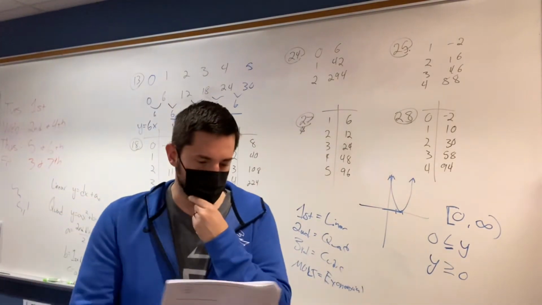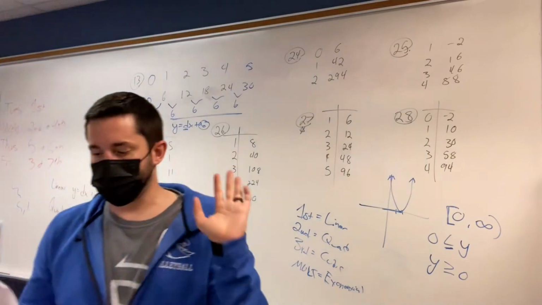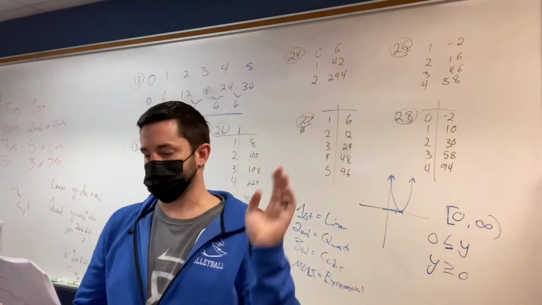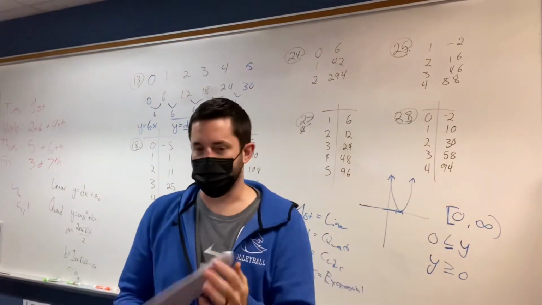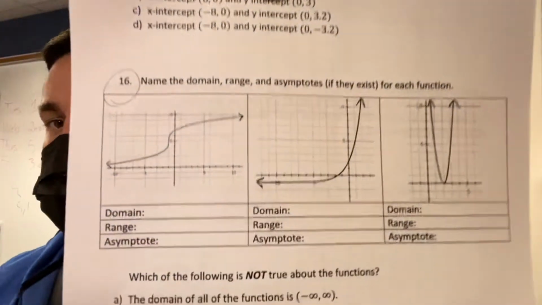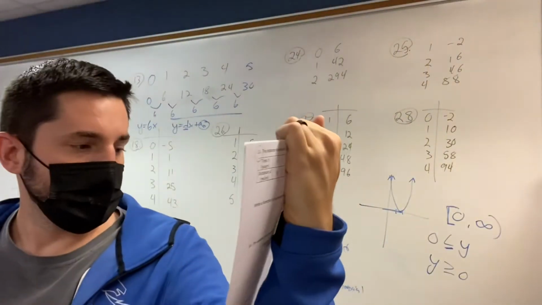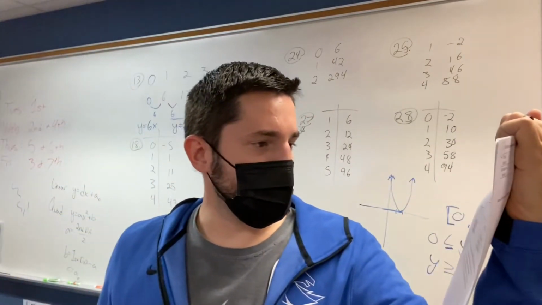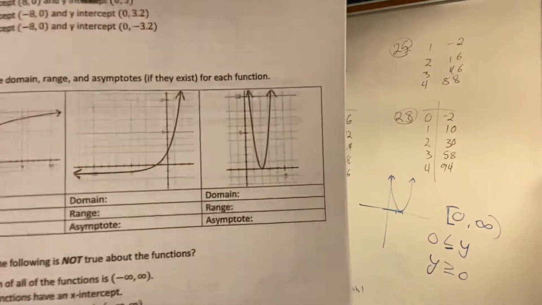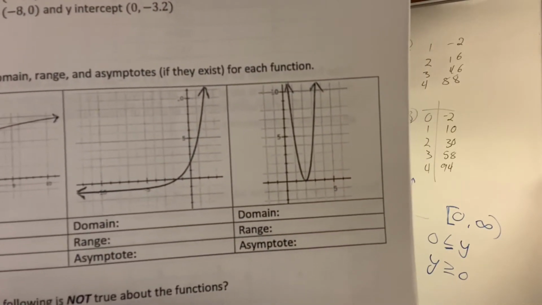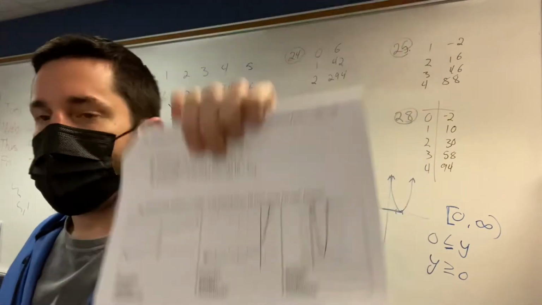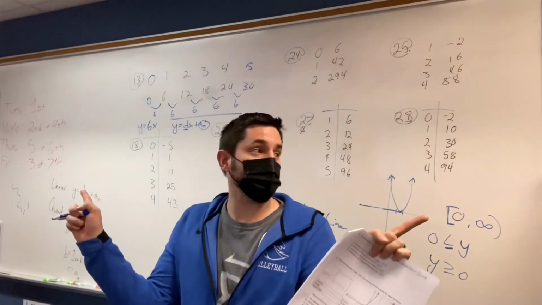For the question on 16, it says the domain of all the functions is negative infinity to positive infinity. That is true. All three of those graphs go forever left and right. Next one, all three functions have an x-intercept. Do they all have an x-intercept? We just said it goes forever left and right.